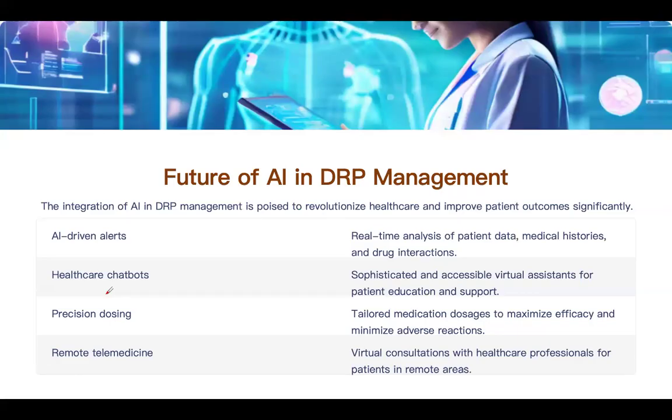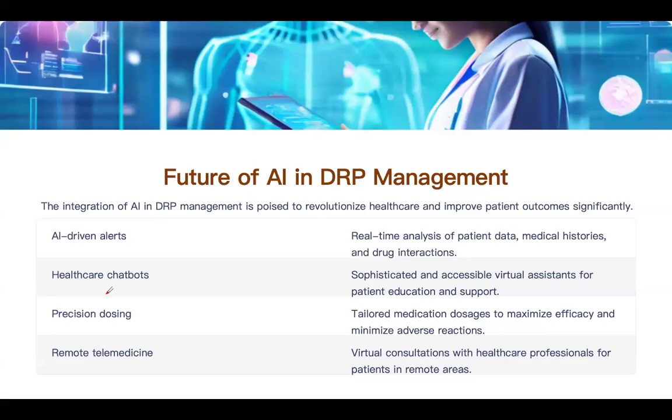So when we are talking about drug-related problem management, there are certain already available parts, like AI-driven alerts, healthcare chatbots, precision dosing, and remote telemedicine, with this integration of artificial intelligence in drug-related problem management.